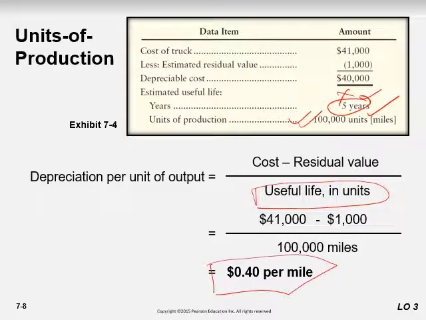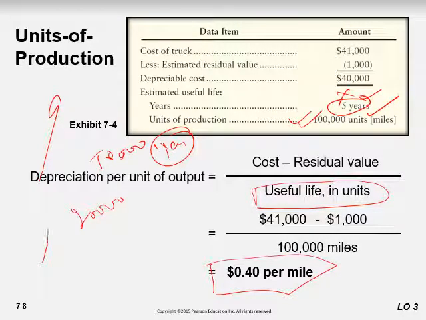So if the truck runs 50,000 miles in 1 year, its depreciation expense will be higher in year 1. If next year it runs 20,000 miles, its depreciation will be lower than in year 1.